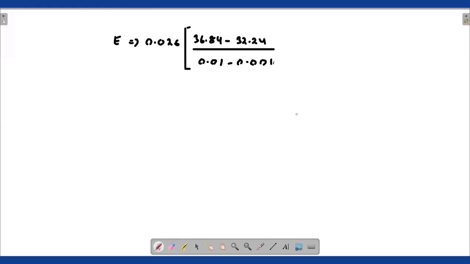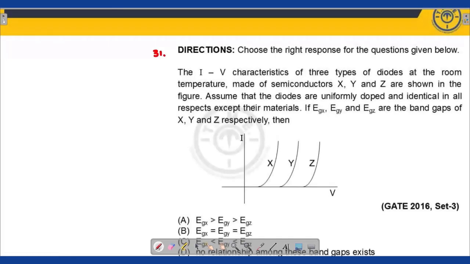Then close this bracket. Which is equal to 0.0133 kilovolts per centimeter. Kilovolts per centimeter. Like that, my dear students, you are going to get the answers over here in this particular fashion.